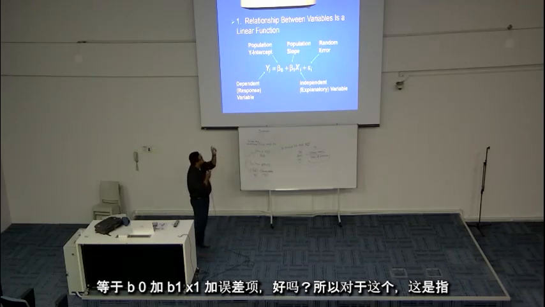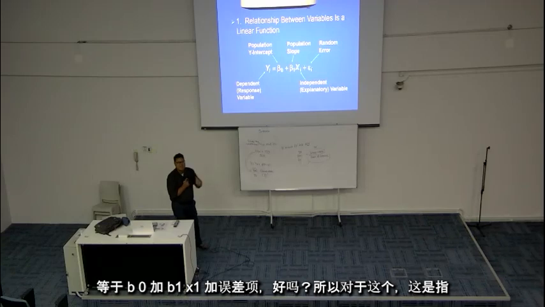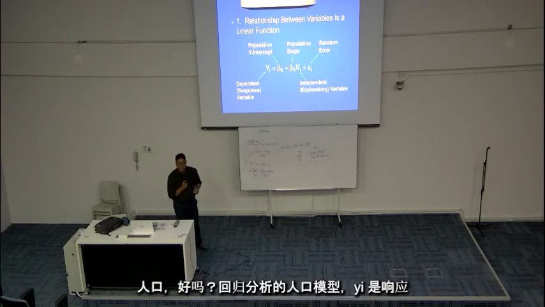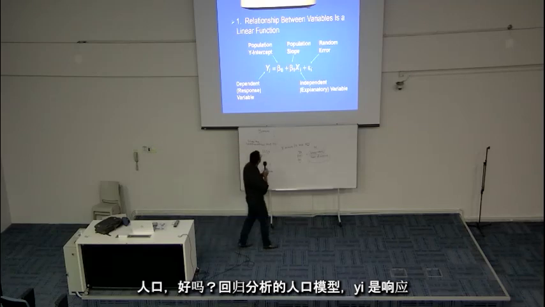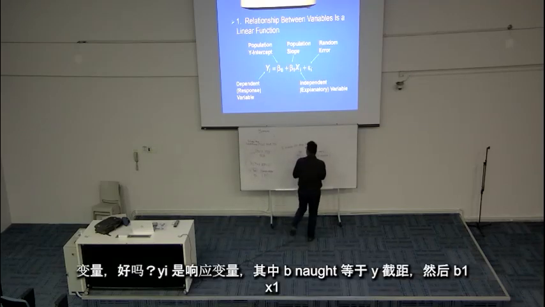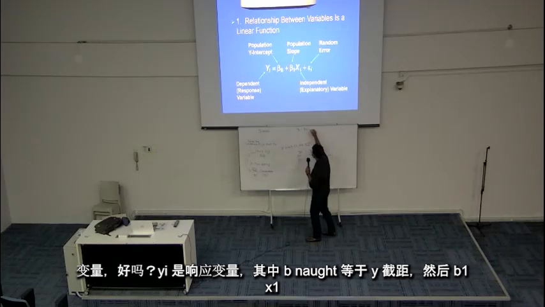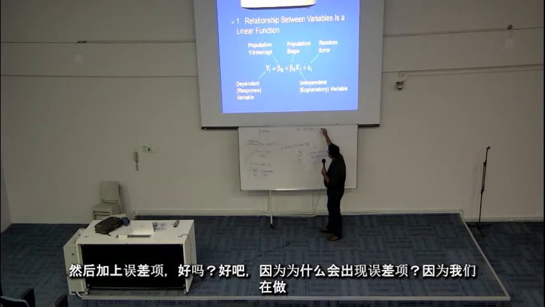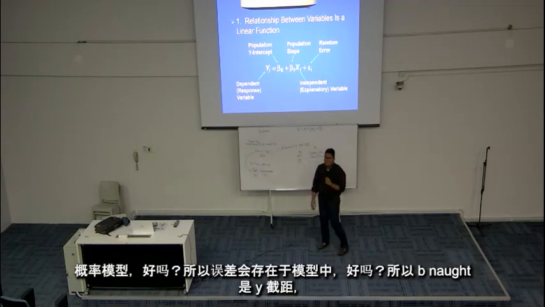This refers to the population model for the regression analysis, whereby yi is the response variable, b0 is the y-intercept, then b1 x1, and then plus the error term. Why does the error term happen? Because we are doing a probabilistic model, so error will be in the model.